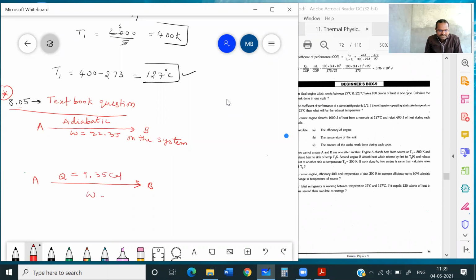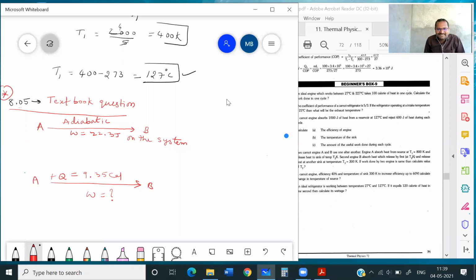In this case, what is the work done? They are asking. Okay, clear? What is this Q, Nana? Heat energy absorbed by the system. In going from A to B, the net heat absorbed by the system, heat absorbed by the system, we need to take as plus Q. Okay, Nana? Clear? It is an important point.